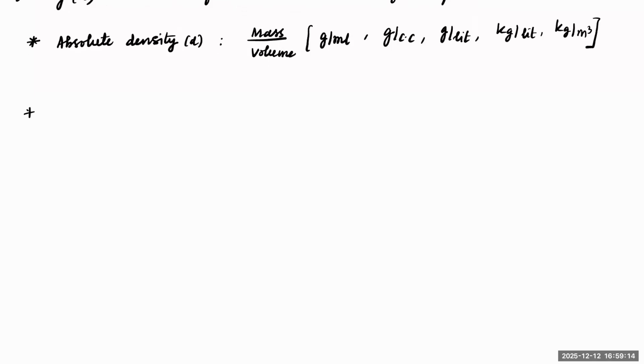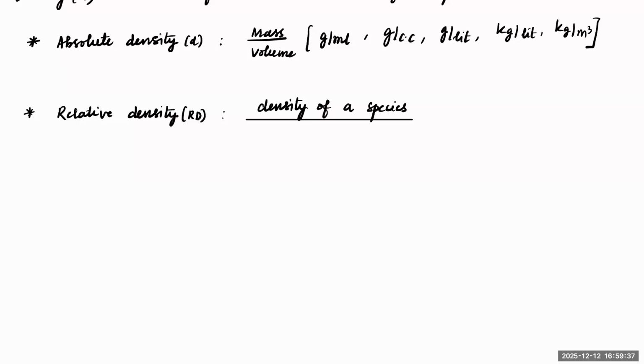Then we have another term, relative density. Let us write it as RD. So relative density, by definition, is the density of a species, whichever species you would decide or define, divided by the density of some standard species.